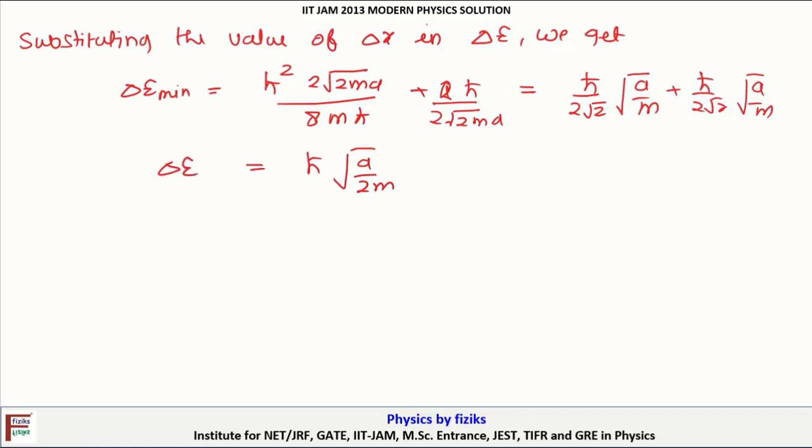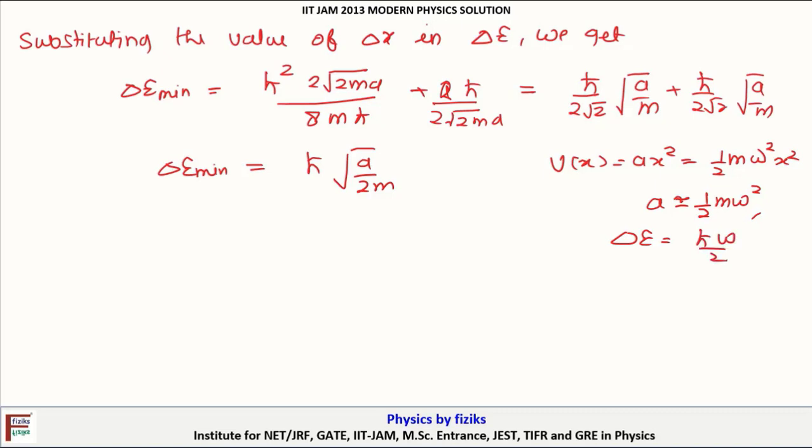Now let us check whether this energy is correct or not. We know V(x) = ax², which should be half m ω², means a = half m ω². Then corresponding to this, ΔE = ħω/2 in the ground state particularly.